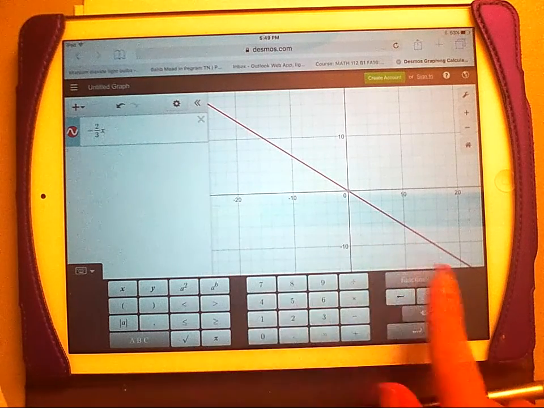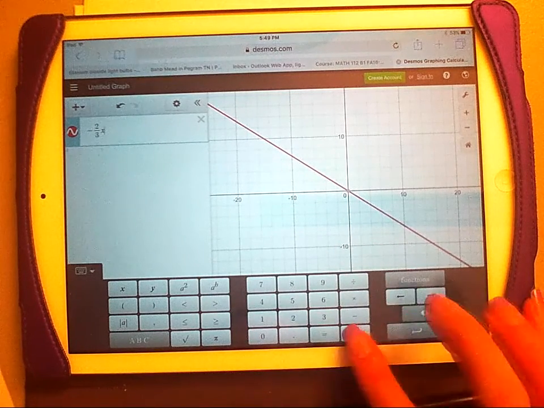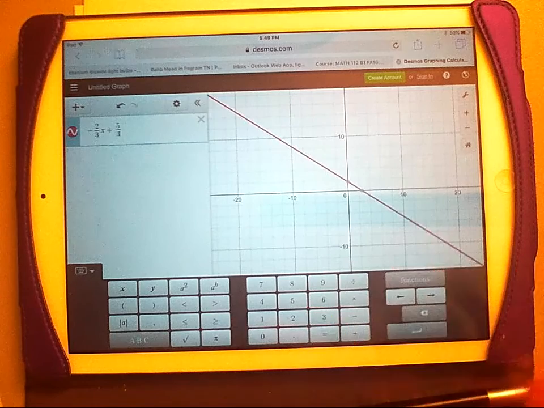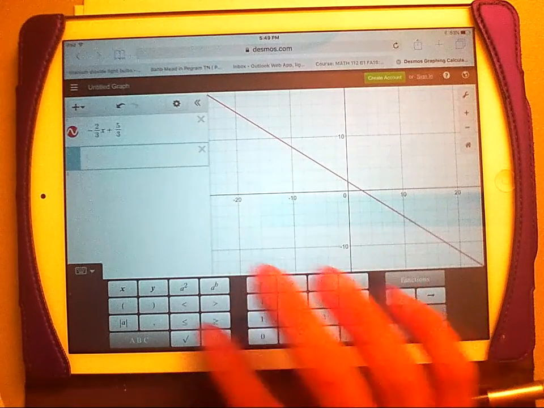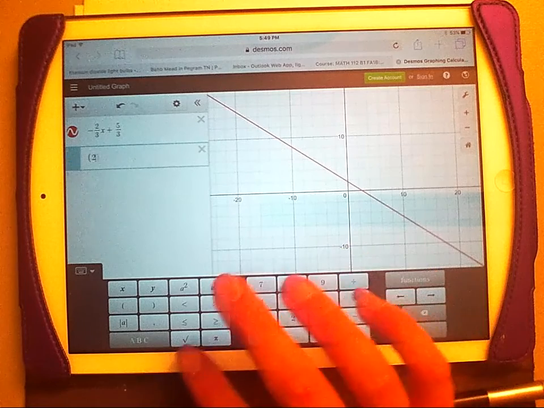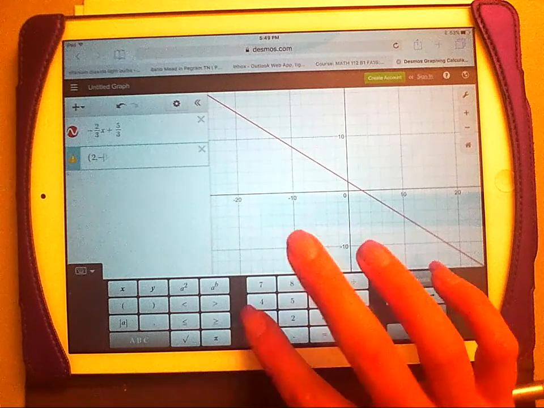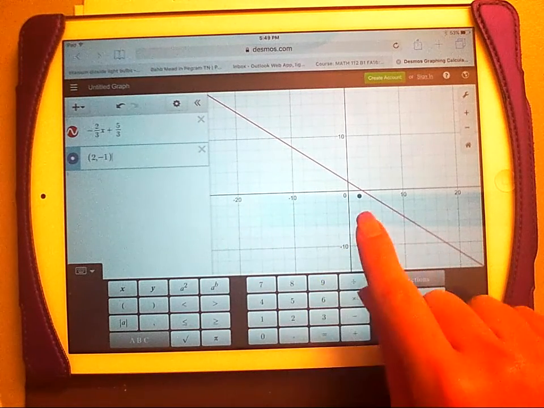Okay, so that's good. It's a negative slope. Right? And then we'll add 5/3 to it. Okay, so that's our line. And the point we were given is 2, negative 1. Okay, so there's our point.